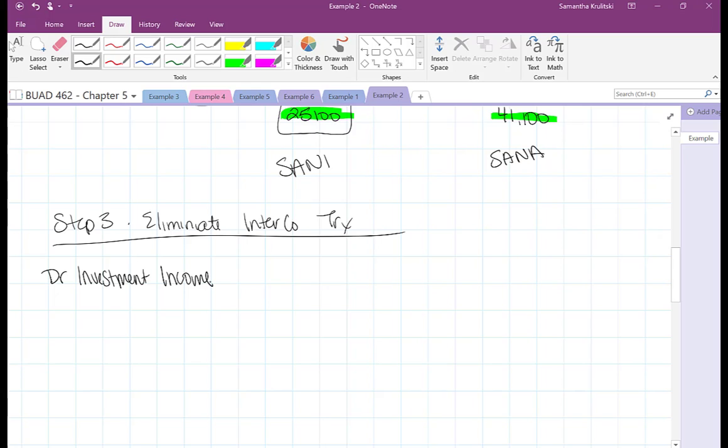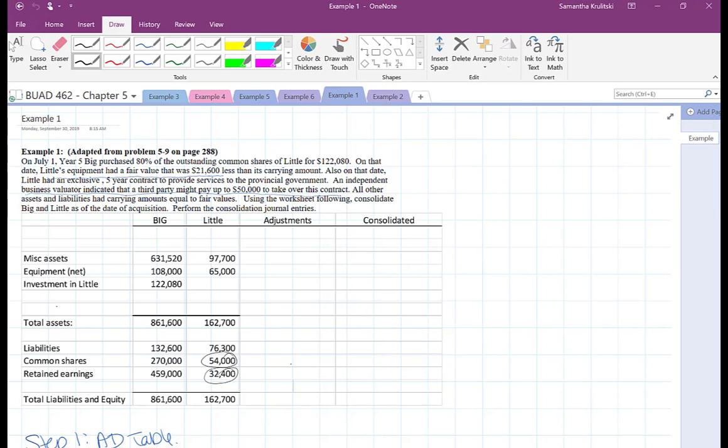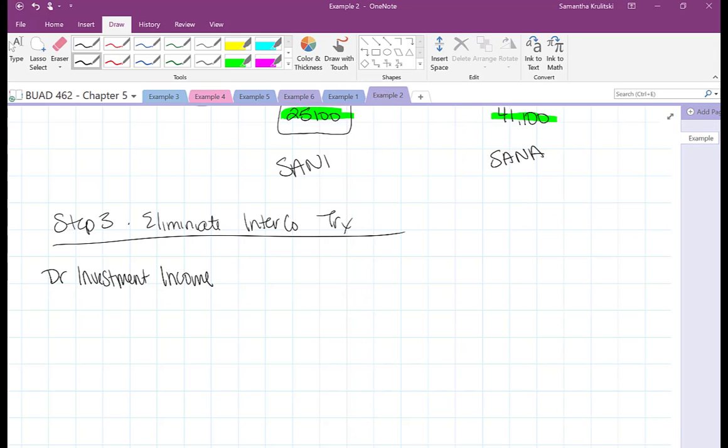And what percentage does Big own of Little? They own 80% here. So they're getting 80% of that $13,500. So $10,800 is what we're going to be debiting because that's the amount that they recorded as income on their income statement.